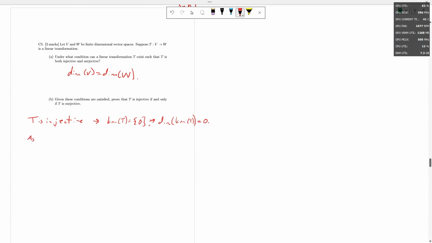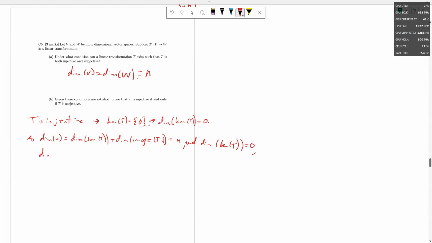The dimension of V, which equals n, equals the dimension of the kernel of T plus the dimension of the image of T, and the dimension of the kernel of T equals 0.